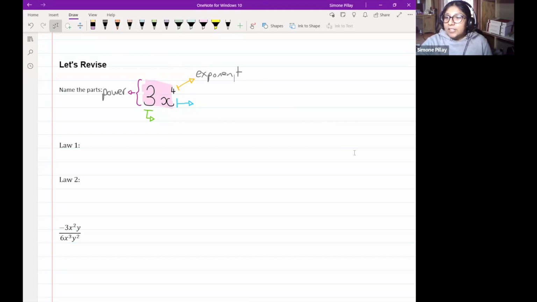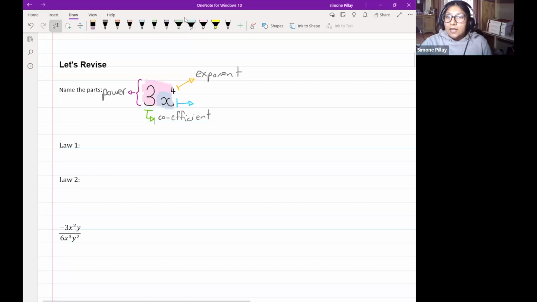Itandile, you've written, is green the whole number? It is a whole number, but in this case, my whole number is called the coefficient. My whole number here is 3, which is called my coefficient. And lastly, we have x over here, and x deals with this part over here.